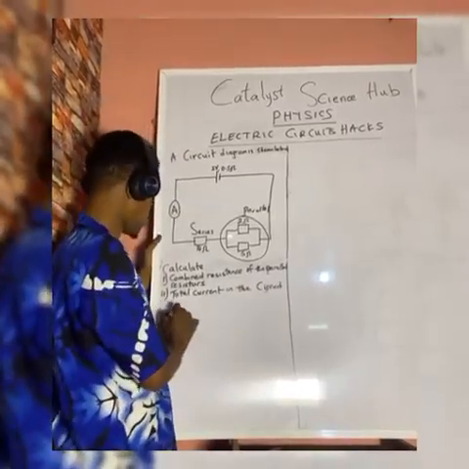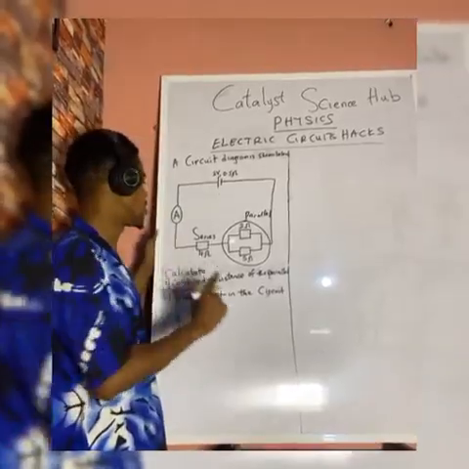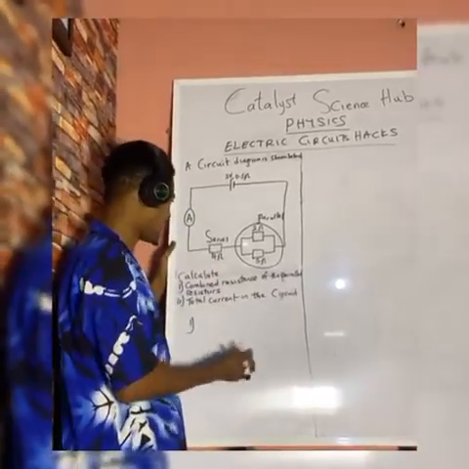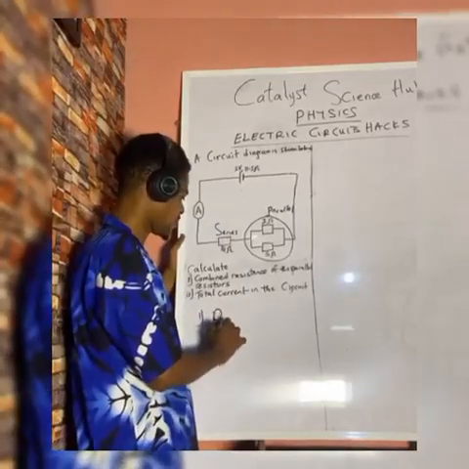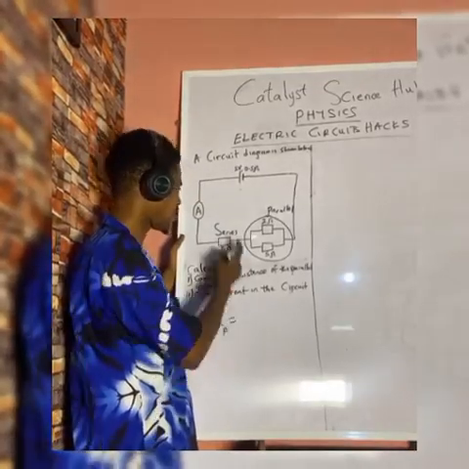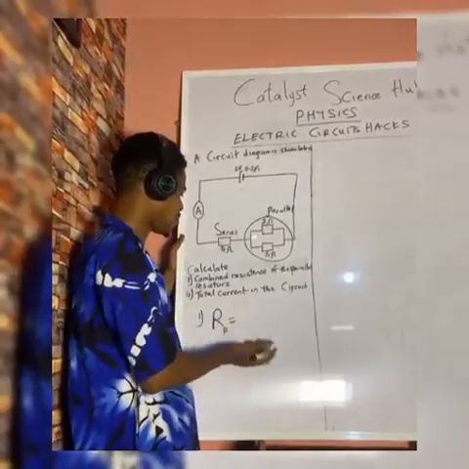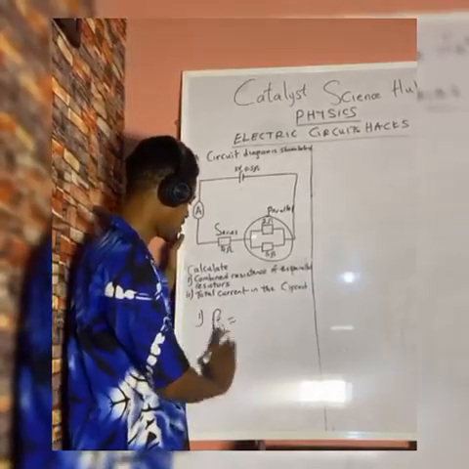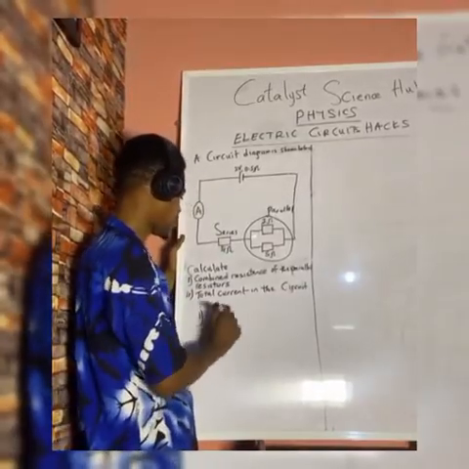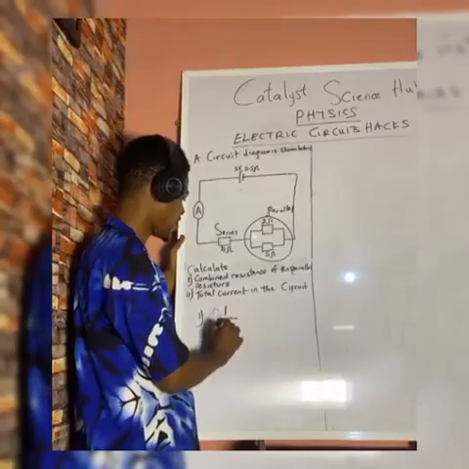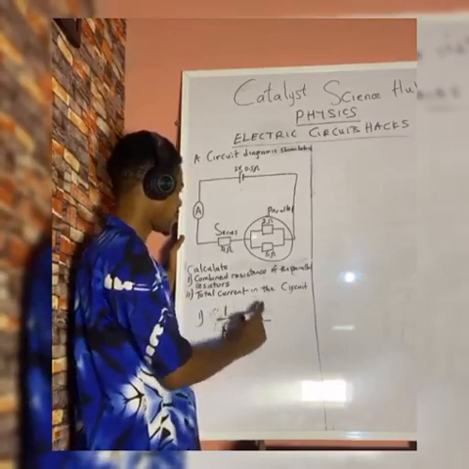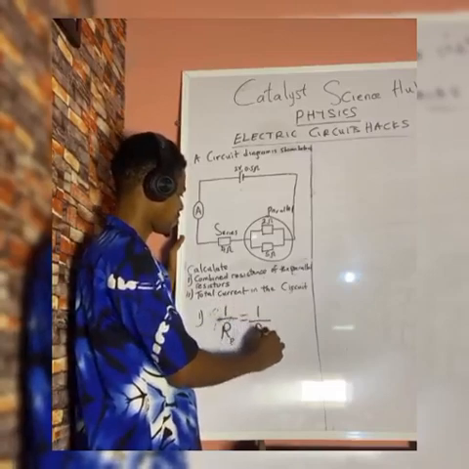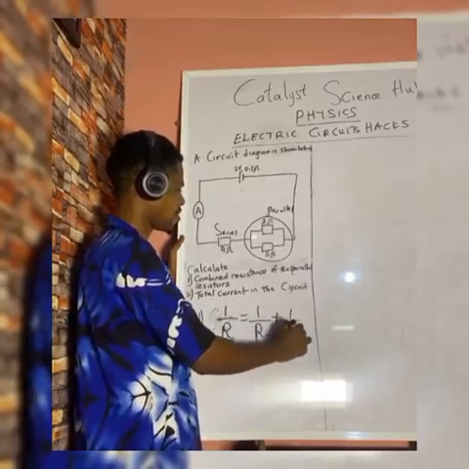For the first one, we should find the combined resistance of the parallel. This is the formula: 1 over R parallel equals the first one plus the second one.